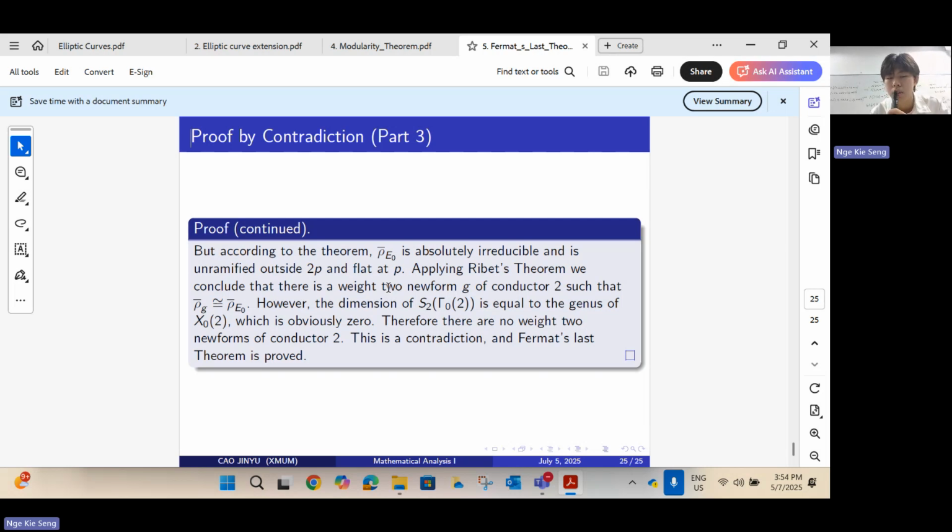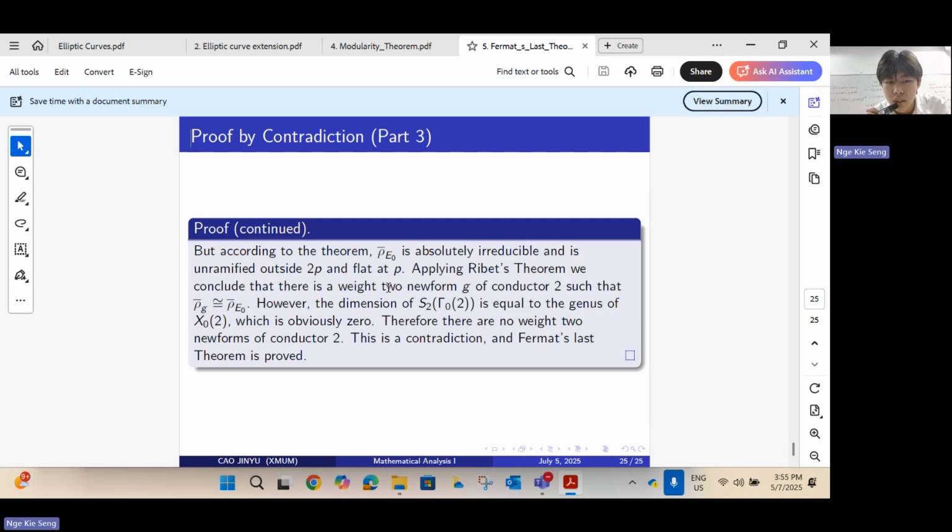Then, according to the theorem on Galois representations, we find that rho E0 is absolutely irreducible, unramified outside 2p, and flat at p. Applying the Ribet theorem, we divide by p, and we conclude that there is a weight 2 newform g of conductor 2, such that the residual Galois representation of E is isomorphic to the Galois representation of g.